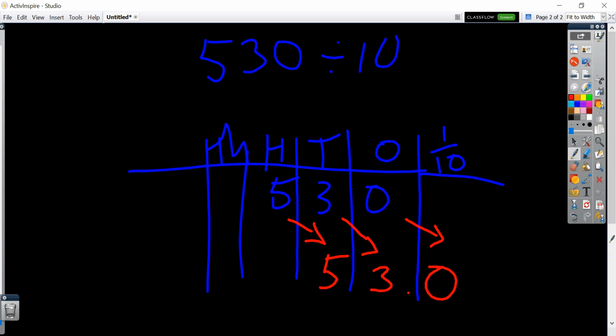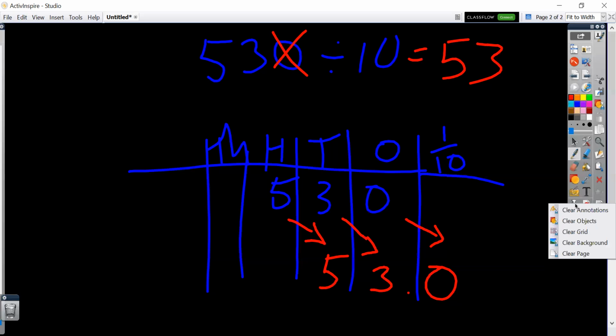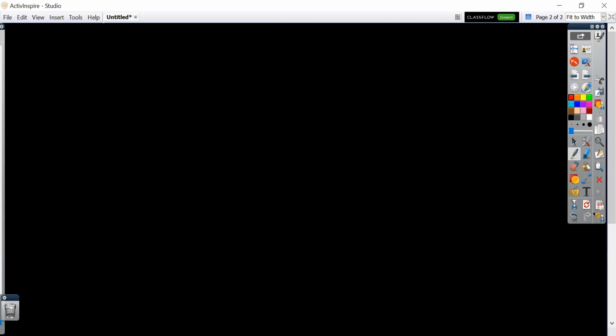So our answer for 530 divided by 10, and a lot of you could visualize that without the place value chart because a lot of us have been practicing that. I know that was an easy one, but I just wanted to start there so that we could start building on some more challenges.